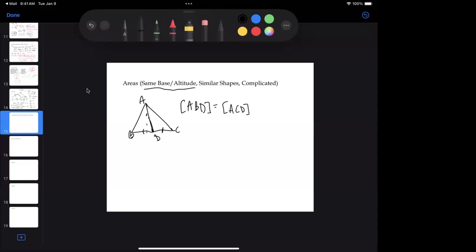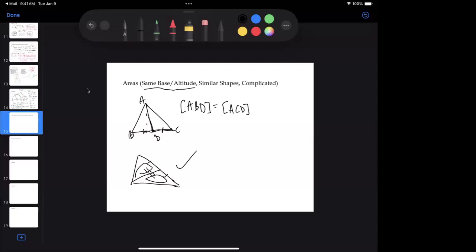Because they share the same altitude. And a lot of the times if you have medians within a triangle, then you'll get that these two areas are equal, and that'll be very nice.